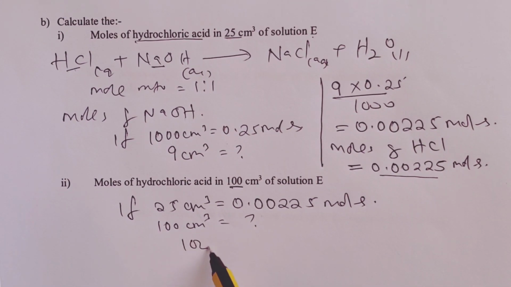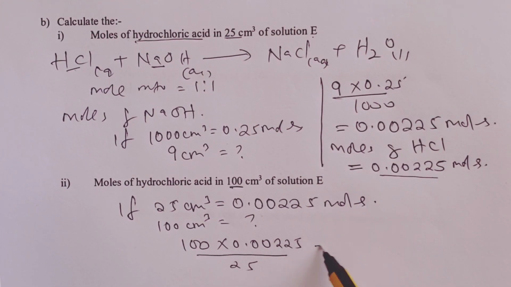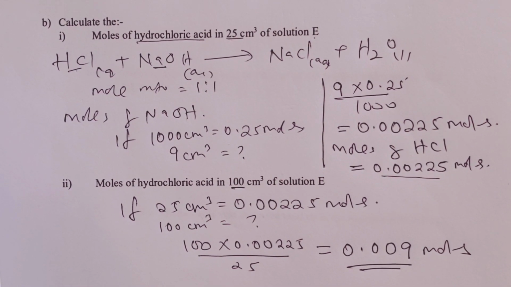This is 100 by 0.00225 divided by 25, and we get 0.009 moles. So after our hydrochloric acid had reacted with the carbonate, these are the moles that remained.